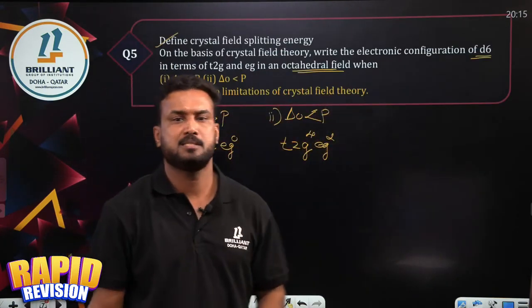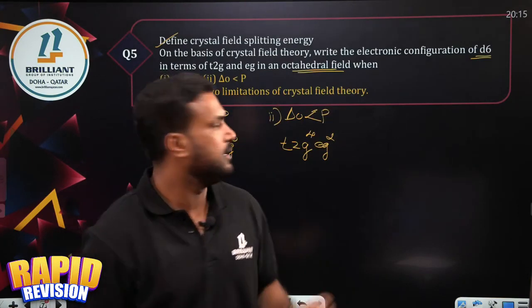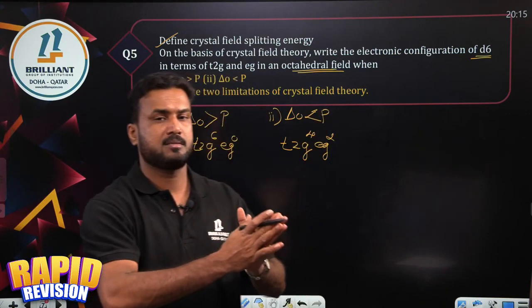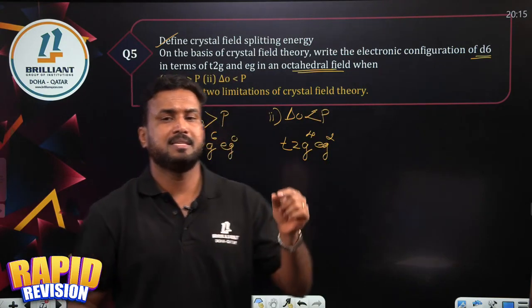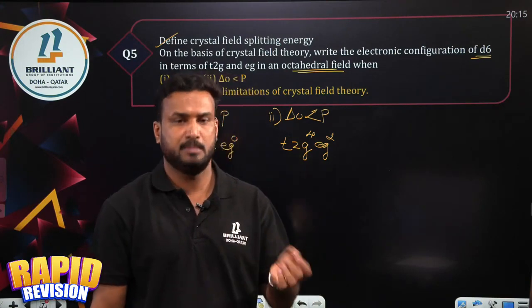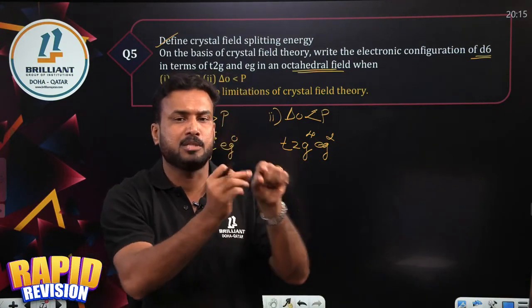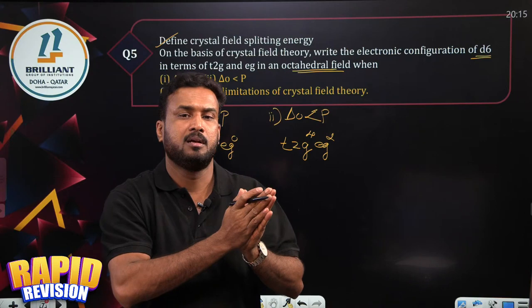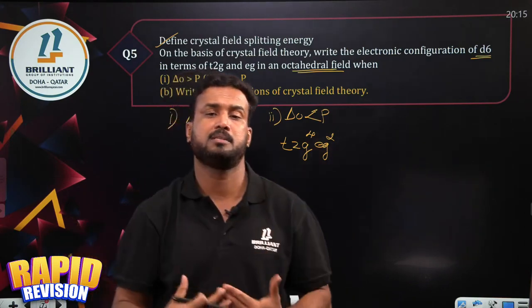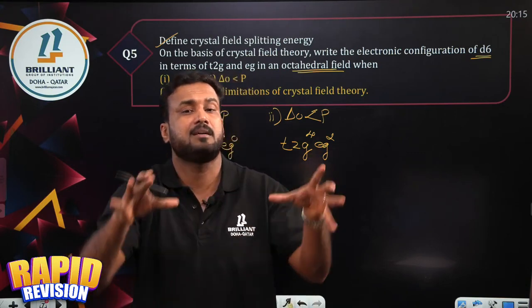So write the two limitations of crystal field theory. The first: according to crystal field theory, negatively charged ligands are considered as point charges. A ligand having a negative charge can be considered as one negative charge. As I explained, when these negatively charged ligands approach the central metal atom, they create an electric field.